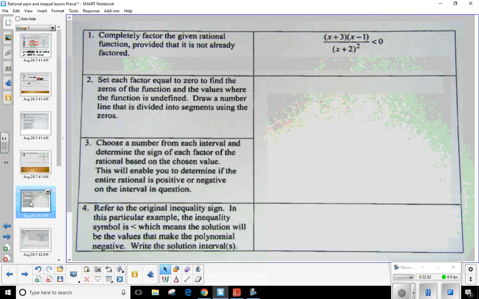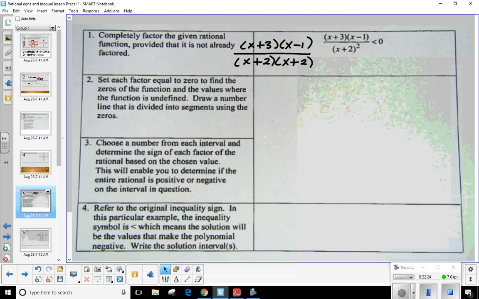Okay. And also this one, what's already been done for you? It has already been factored. Okay, now I am going to go ahead and write it like this. I'm going to say x plus 3, x minus 1 over x plus 2, x plus 2. Okay. Now, it's already compared to 0.